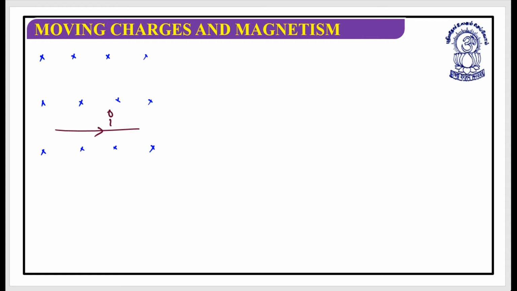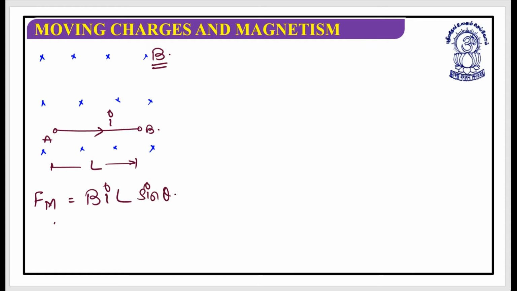Direction of current is in this direction, and the length of this conductor is L. This is the initial position, let's say A, this is the final position, and this length is L. This is the magnetic field B. Let's first find out the magnitude of magnetic force. It would be B I L sine theta, where theta is equal to 90 degrees, and that's why I can write this as BIL.